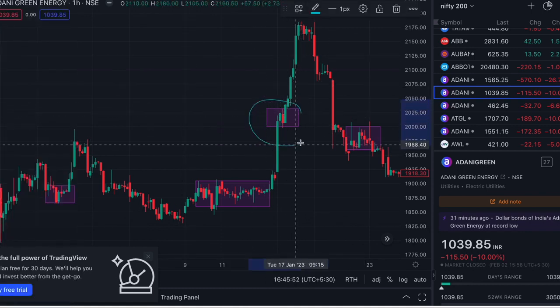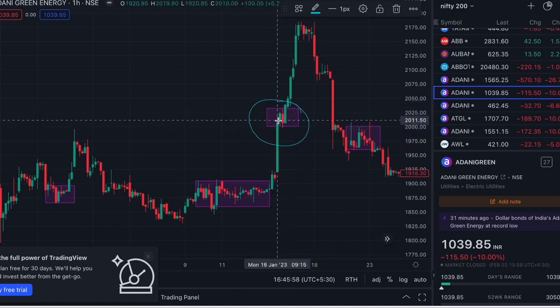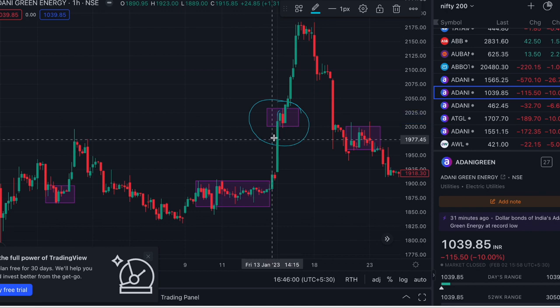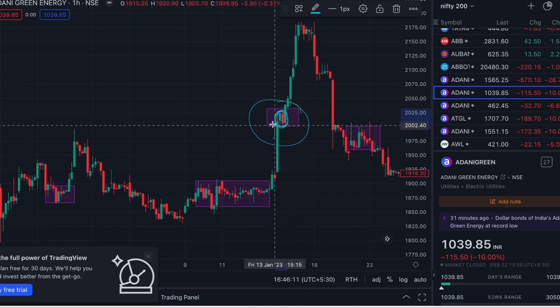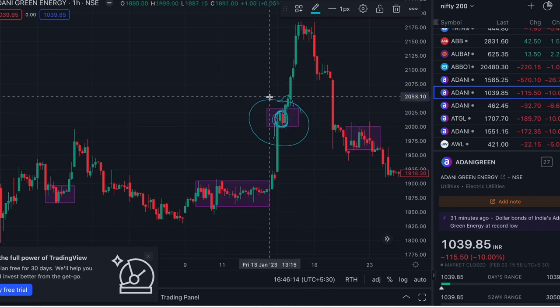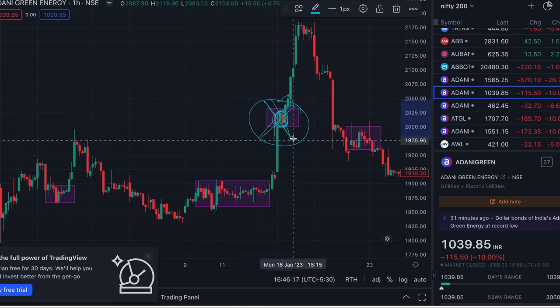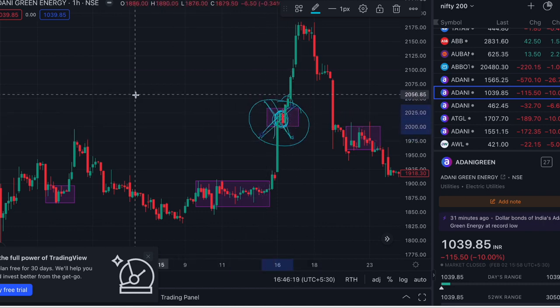Do you think this is a substantial fight between the buyers and sellers? No, right? The buyers are very strong. There was just a small retracement, a small fight. They just tried to fire one or two bullets, maybe, and then again the price went up. So this is not a substantial fight, and this is not going to be a concentration point.